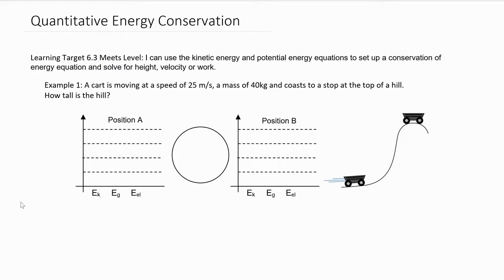So the first idea is that we can use these two equations, which for kinetic energy is 1/2 mv squared, that equals kinetic energy. And for potential energy, or gravitational potential energy, or what I sometimes say is gravitational energy, that's mass times gravity times height.